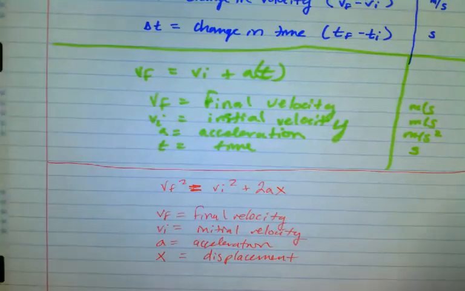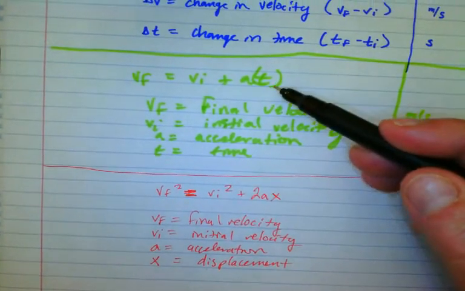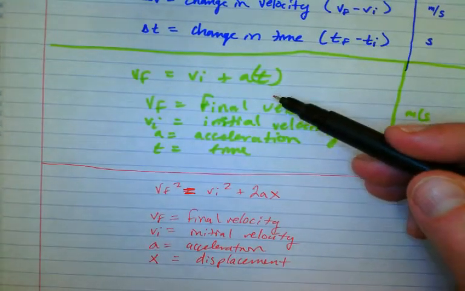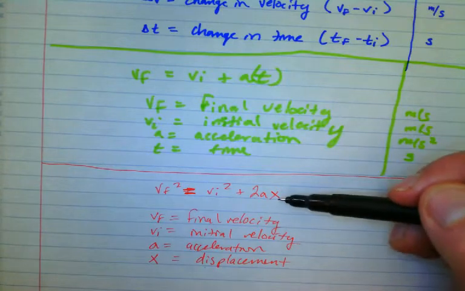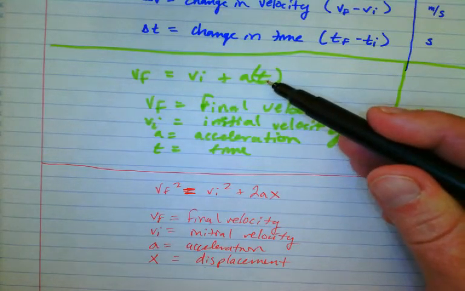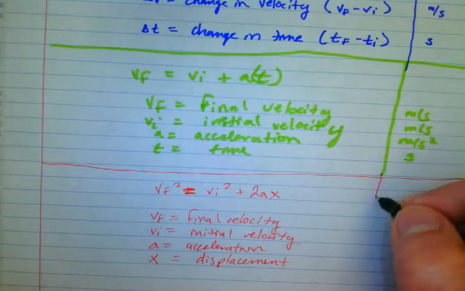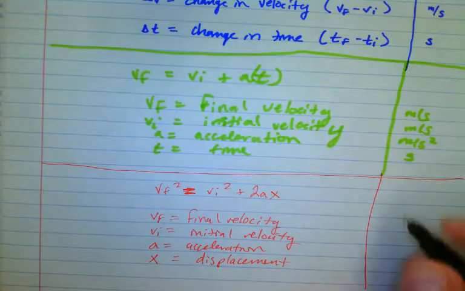So notice, what's the difference between this equation and this equation? There's an X. There's displacement instead of time. So here you can find the final velocity if you don't have time.